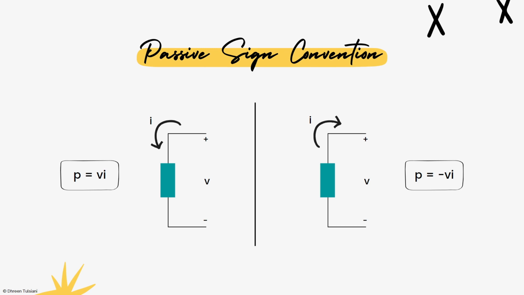Passive sign convention is satisfied when the current enters through the positive terminal of an element and P equals positive VI. If the current enters through the negative terminal, then P equals negative VI.